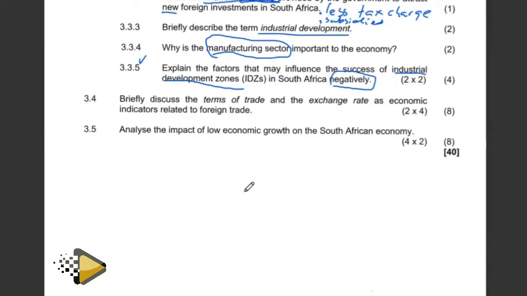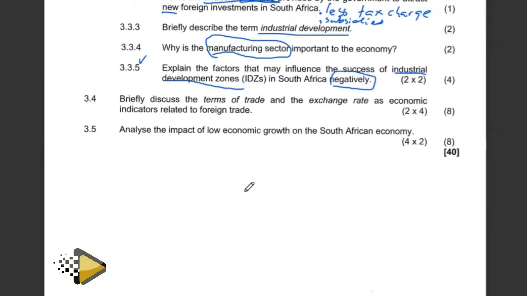As well, here in South Africa we have a lot of poor use of resources, as well as poor managing of resources. And if resources are poorly managed and not wisely used, that is going to stop or hinder the success towards industrial development zones.